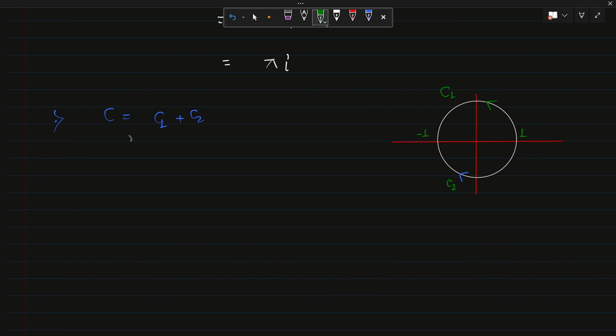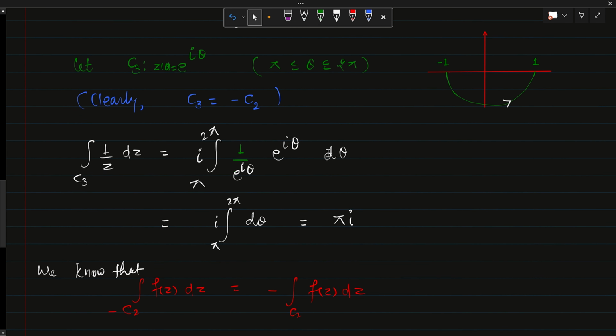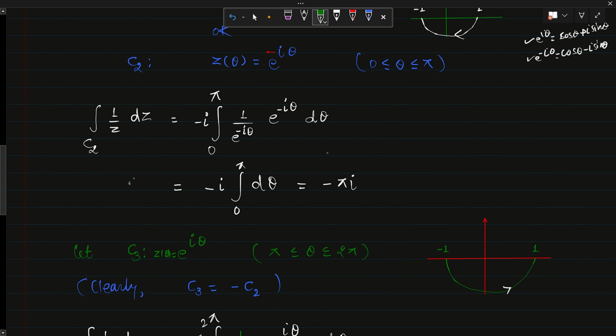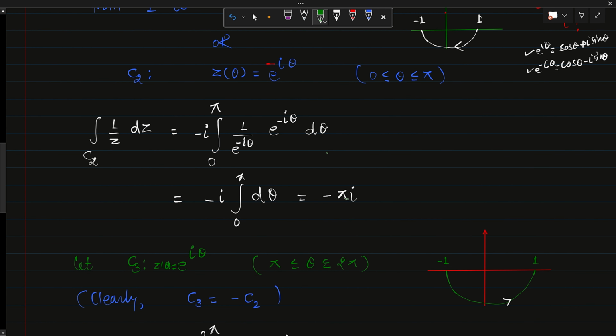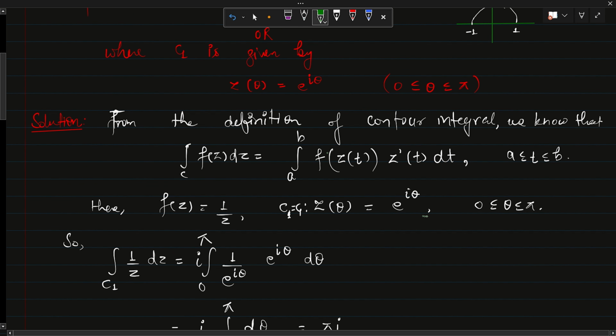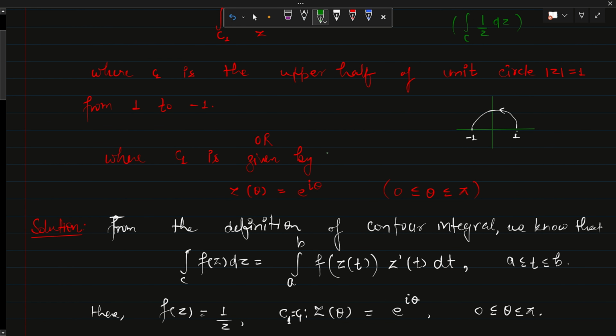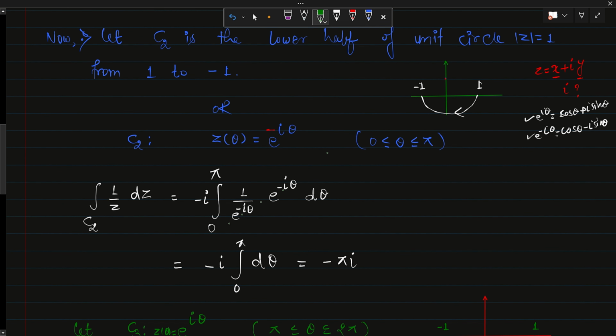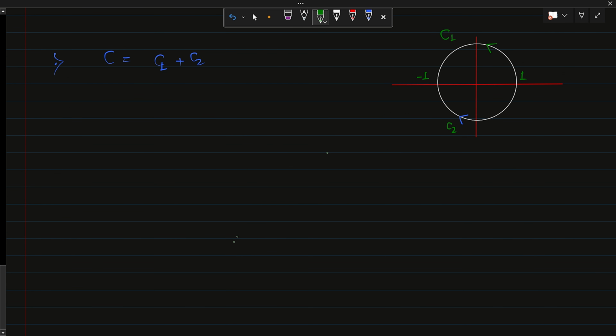ठीक है, अभी हम C1 और C2 को ज्वाइन करेंगे तो हमें ऐसा सा कुछ मिलने वाला है. अब हम जब इनका एडिशन करना चाहें, क्योंकि हमने C2 के अलोंग ये वाला कर्व देखा था और that was the C2 curve, that is 1 to -1, and this is our curve C1 which is from 1 to -1. Okay, अभी अगर हम कहें कि हमने इन दोनों को ज्वाइन कर लिया है तो इंटीग्रेशन की वैल्यू हम कैसे देंगे?